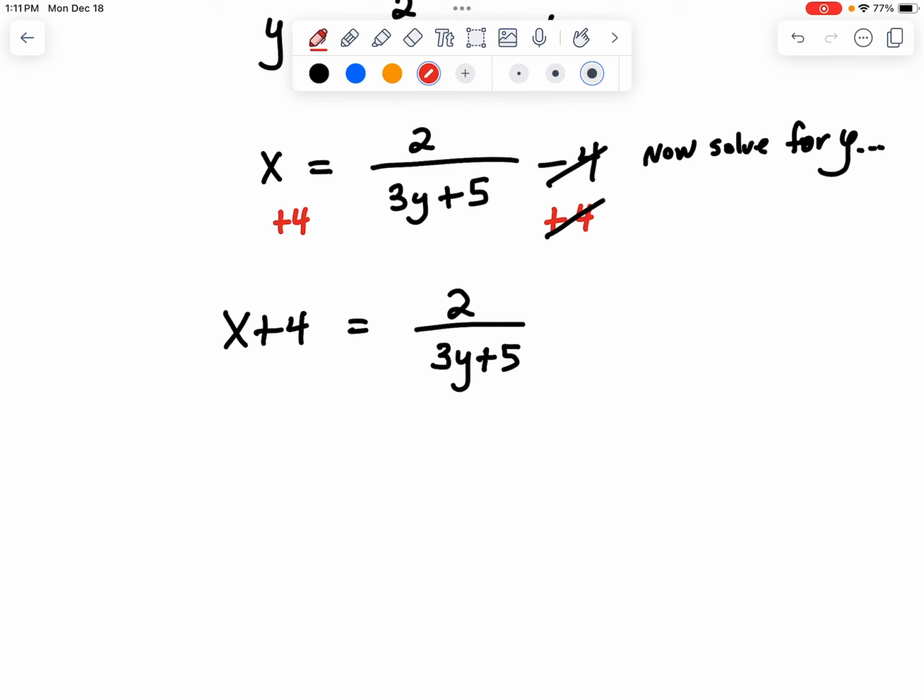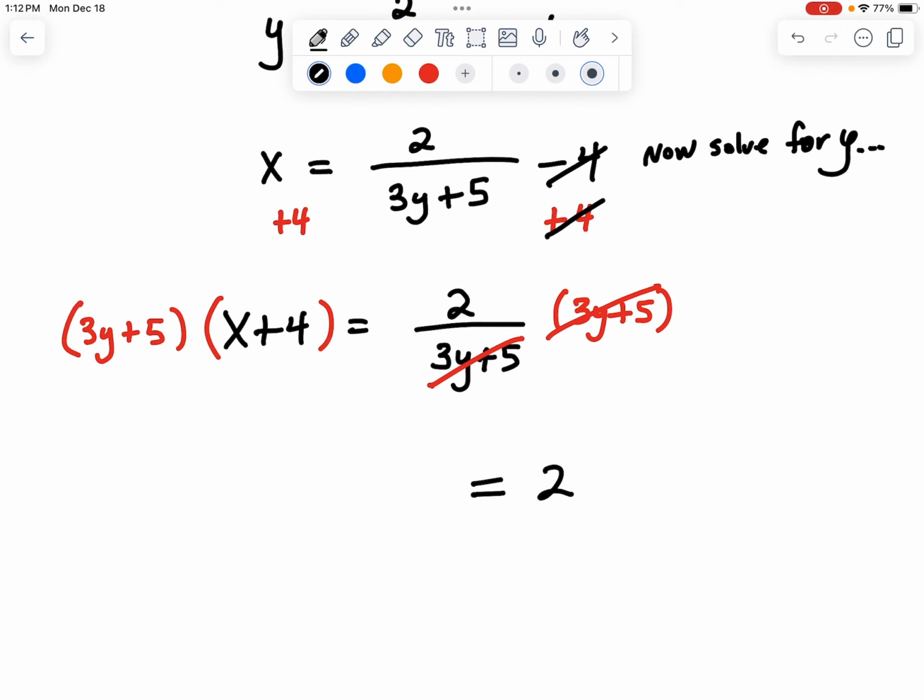So I'm going to multiply both sides by 3y plus 5. So on the right side it simplifies very nicely and we just have a 2. On the left side I would not multiply this one out. So I would just rewrite it for now.